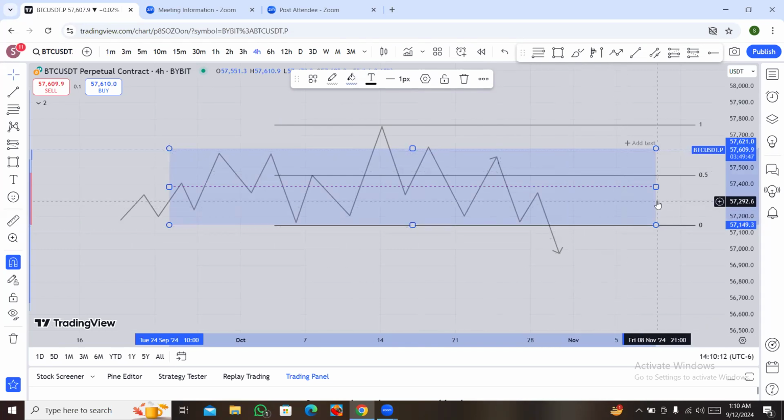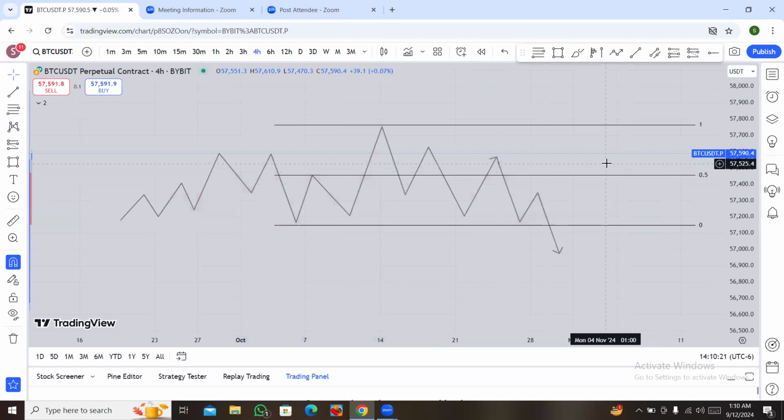But if it is on demand and it is happening like this, wait for deviation, you might get an entry. Price goes back again from this point to here, or maybe further up.